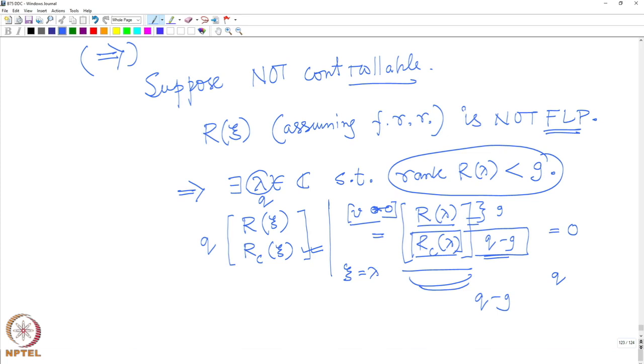Even if you assume square and full row rank over the ring of polynomials, if there are lambdas for which the top part, that is the plant, loses its rank, you can never save the control system from losing its rank.